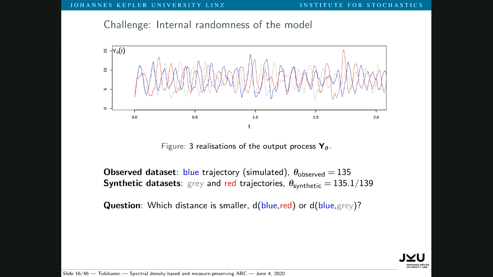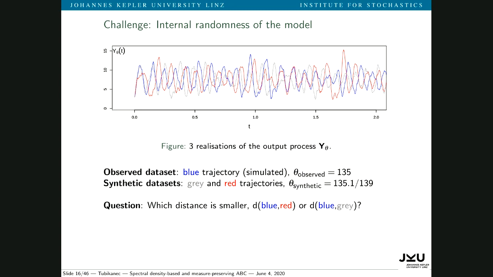I'd like to illustrate this here. So what you see are three realizations of the output process. I hope you can see the colors well. Let's say the blue one is an observed data set, and the gray and red paths are simulated synthetic data sets within the ABC procedure.